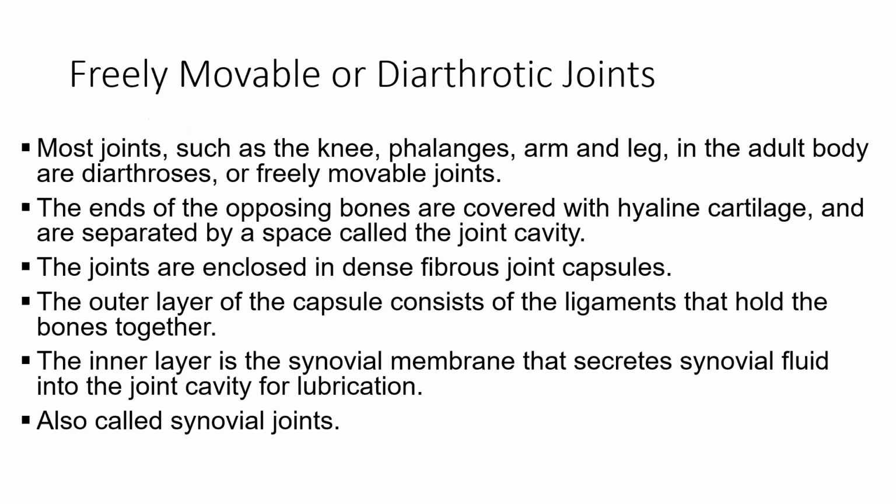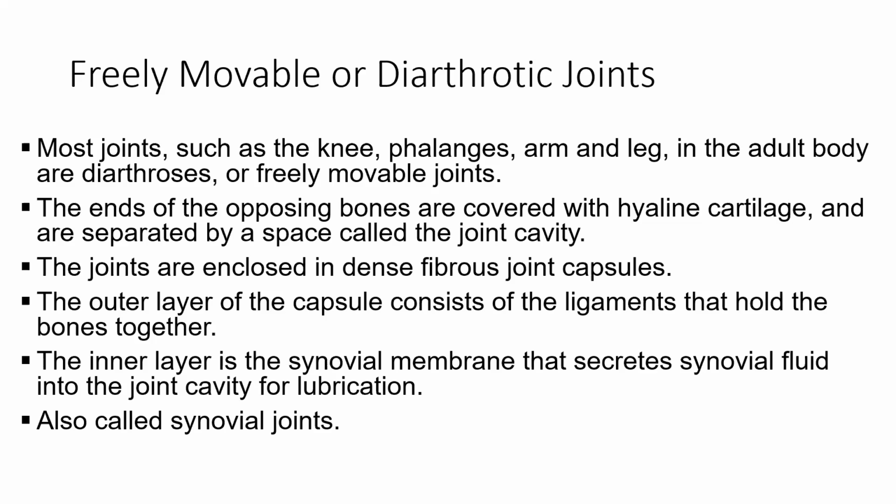So a freely movable joint is everything else. The arms and legs, fingers and toes, hands and feet, anything that can move around really well, the knee, the shoulder. These are all freely movable joints. The bones are covered with hyaline cartilage at their ends, like this femur.